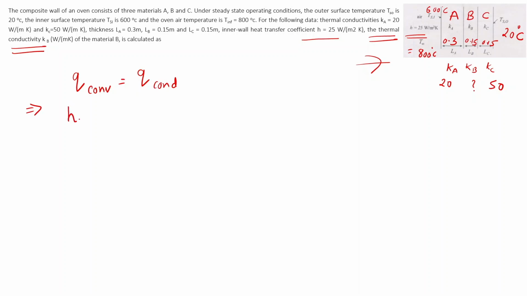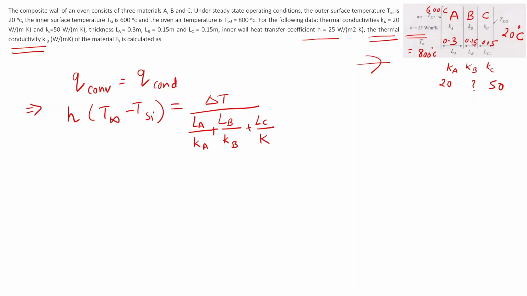We can write it as the area term will cancel out for this. So it will become h of T infinity minus T surface is equal to delta T upon, now in this case we will be having three resistances corresponding to each of those wall layers: LA upon KA plus LB upon KB, now we have to find this term.